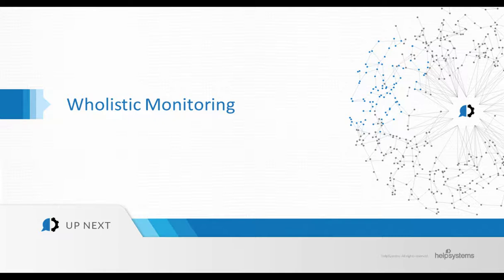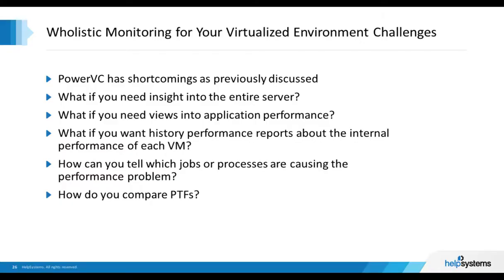Even if you're not using Power VC, you may very well be working in a virtualized environment and have multiple partitions, or for that matter, multiple footprints to keep your eye on from a system administration and certainly application health standpoint. So we talked about some of the challenges around managing this virtualized environment, even with Power VC. What if you need to not only look at how the partition or VM is configured from a memory and disk and connectivity standpoint, but what about the application running there?